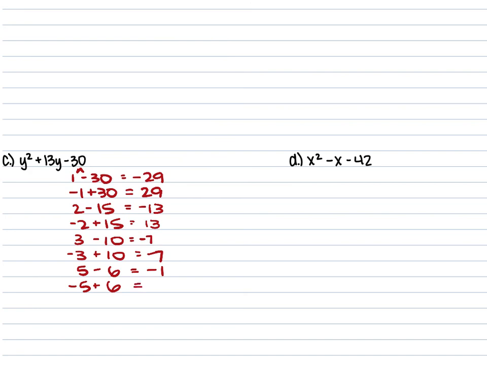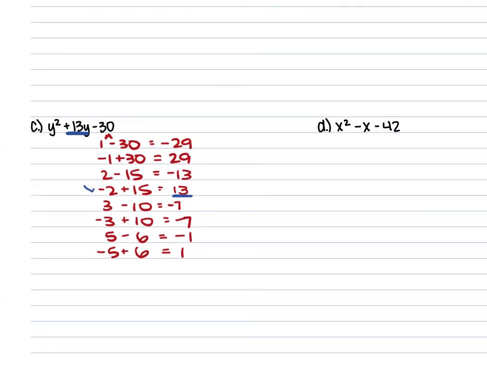Negative 5 plus 6 is positive 1. We look for the factors that give us a positive 13 when we combine them, which is the negative 2 and the positive 15. So this factors out to be y minus 2 times y plus 15.